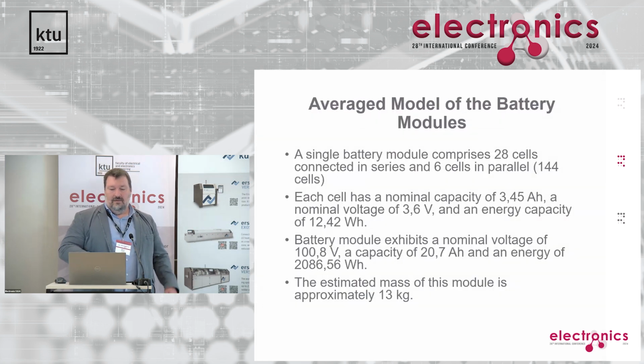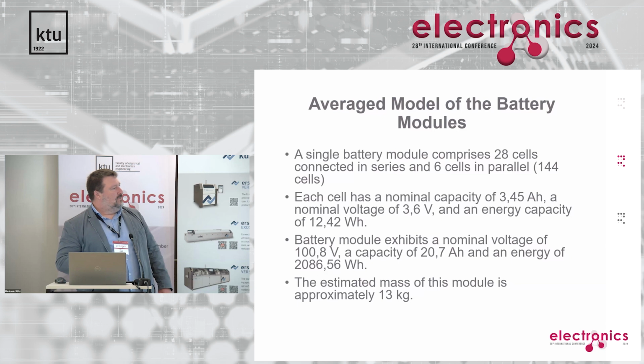And as we said, we used an average model of battery, but we say, okay, this is a battery module that has 28 cells connected in series and 6 cells in parallel, total 144 cells.